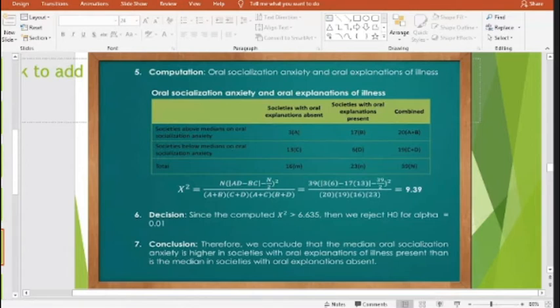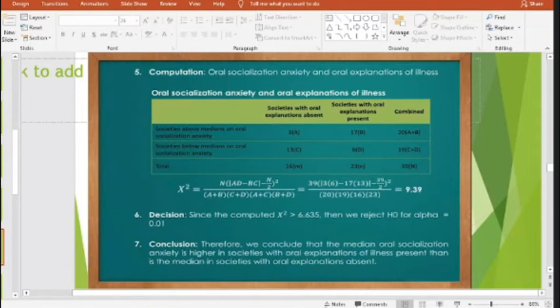So to compute X squared, the answer is 9.39. You just get the values from the table above. So the decision: since the computed X squared is greater than 6.635, we reject the null hypothesis since alpha is 0.01.